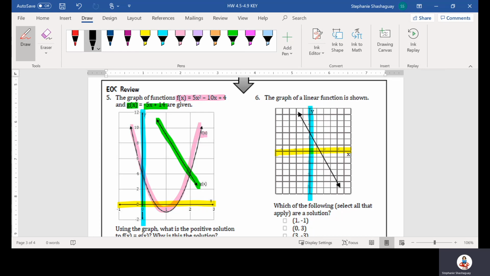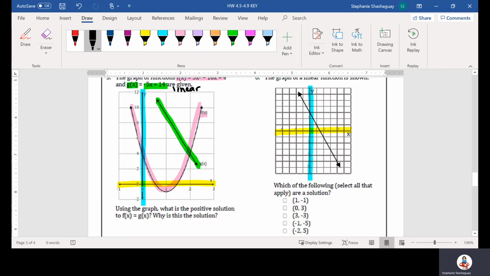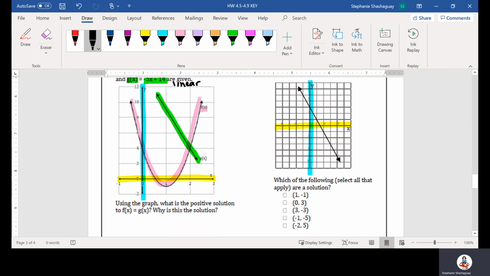So we have a quadratic and a linear. All right. Using the graph, what is the positive solution to f of x equals g of x? So f of x is equal to g of x.